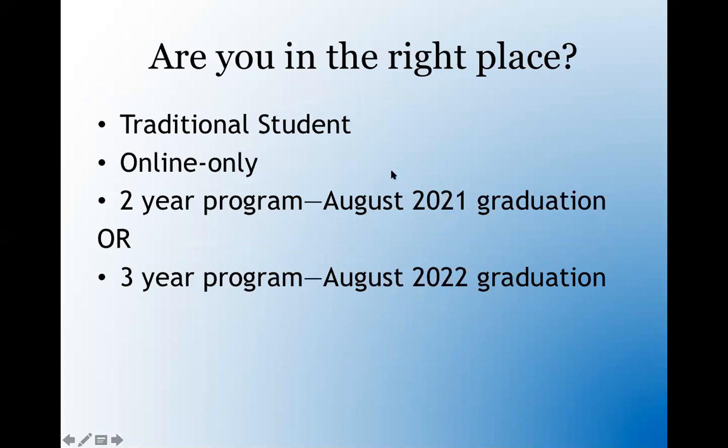You are supposed to be a traditional student, and what I mean by that is that your undergraduate degree is something other than social work, or you got your BSW degree more than 6 years ago. So either way, you will be entering our program as a traditional student.